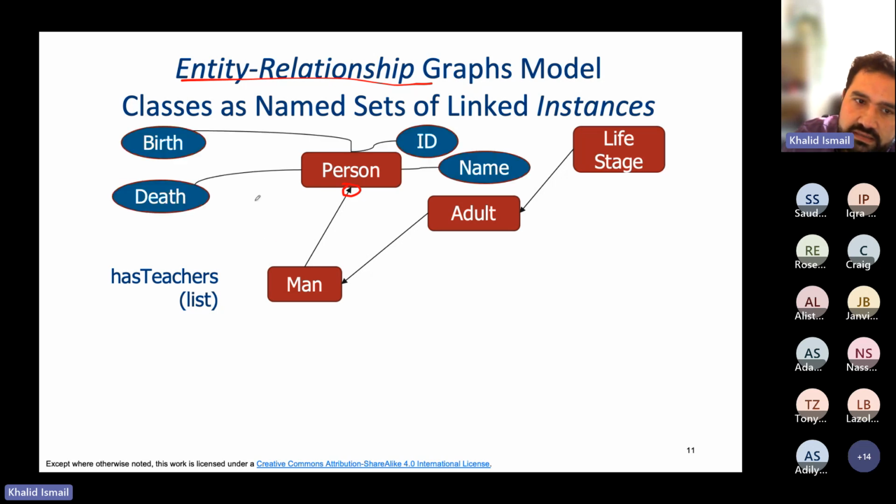And you can see here that we do have properties here, or sometimes we call it attributes, which is, for example, in this case, name, ID, birth, and death.